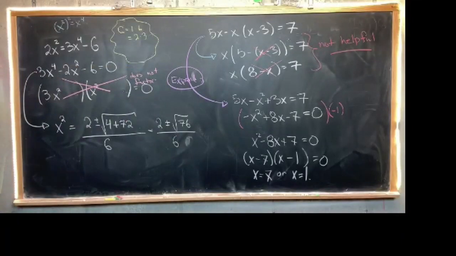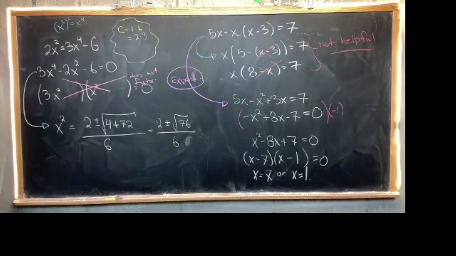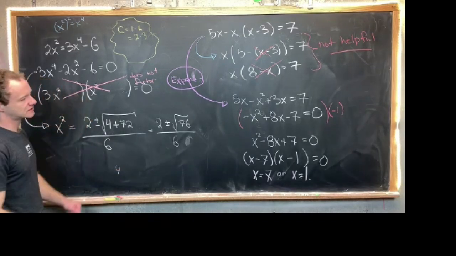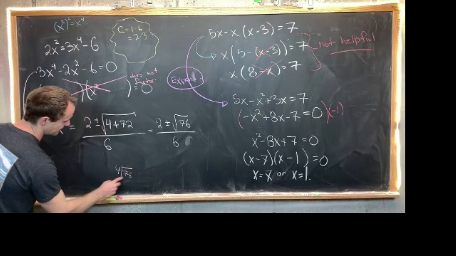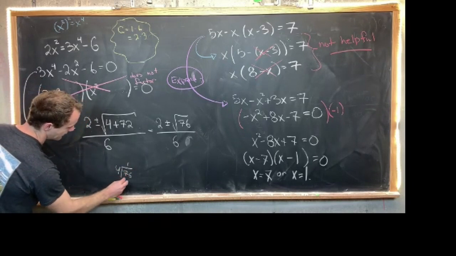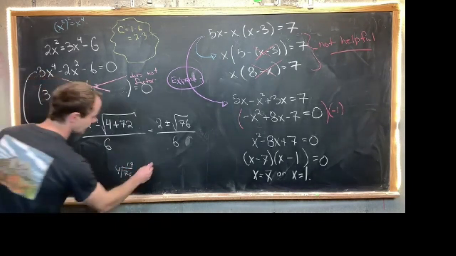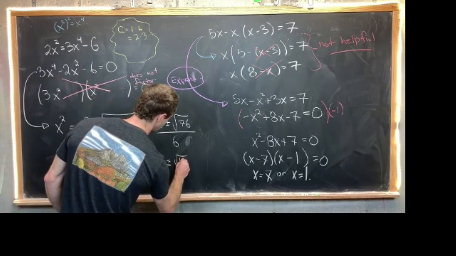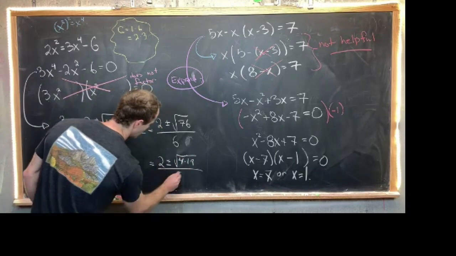Now, maybe we can factor some perfect squares out of 76. I think we can factor a 4 out of 76. So 76 divided by 4, let's see what that is going to be. 19. So that means we can rewrite this as 2 plus or minus the square root of 4 times 19, all over 6.